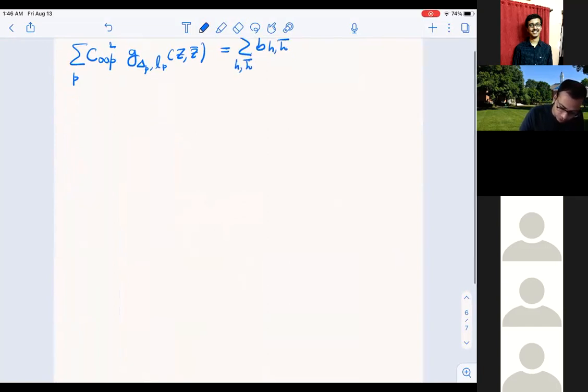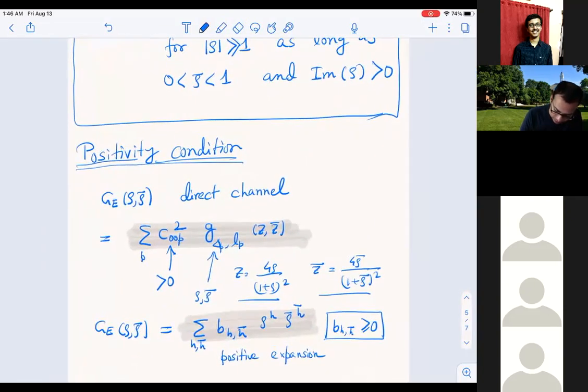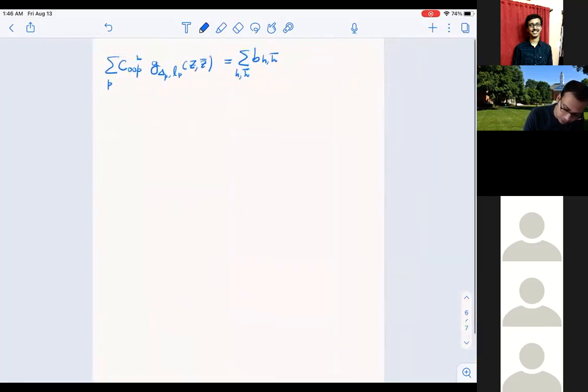we can solve, in the second expression here, for rho and rho bar from this definition of Z and Z bar. So we can solve for rho and rho bar in terms of Z and Z bar. We can just plug that in here. So we get something really nice.